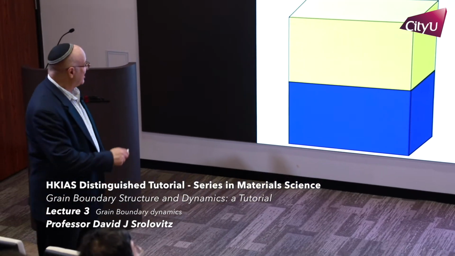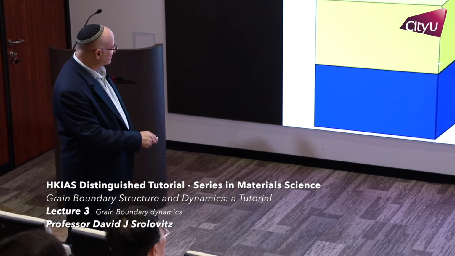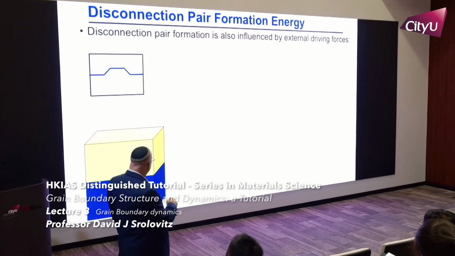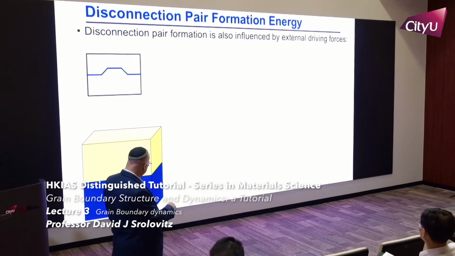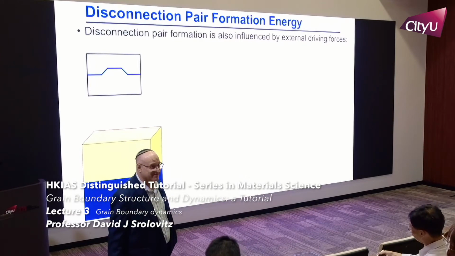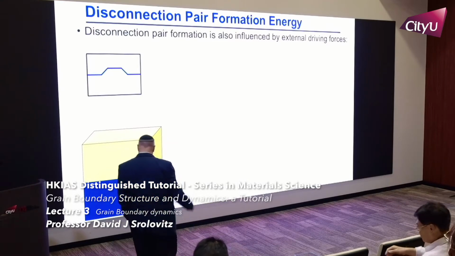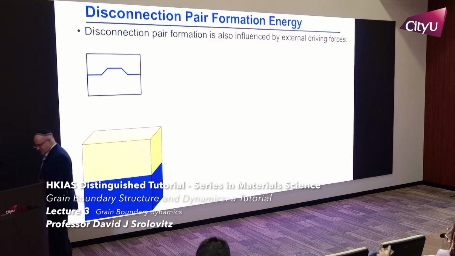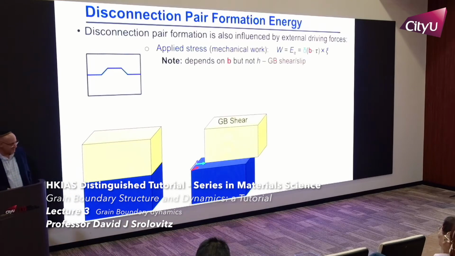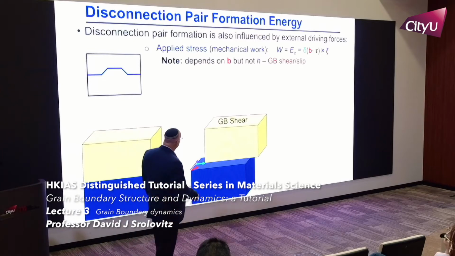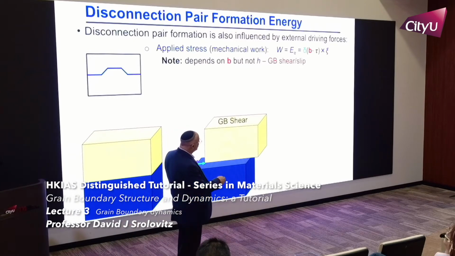Again, the experts will recognize this is a grain boundary between 2 crystals, and this is just the cross section of this with a disconnection pair. Now, let me imagine that I have put a disconnection through there, and I shear it over by a Burgers vector.